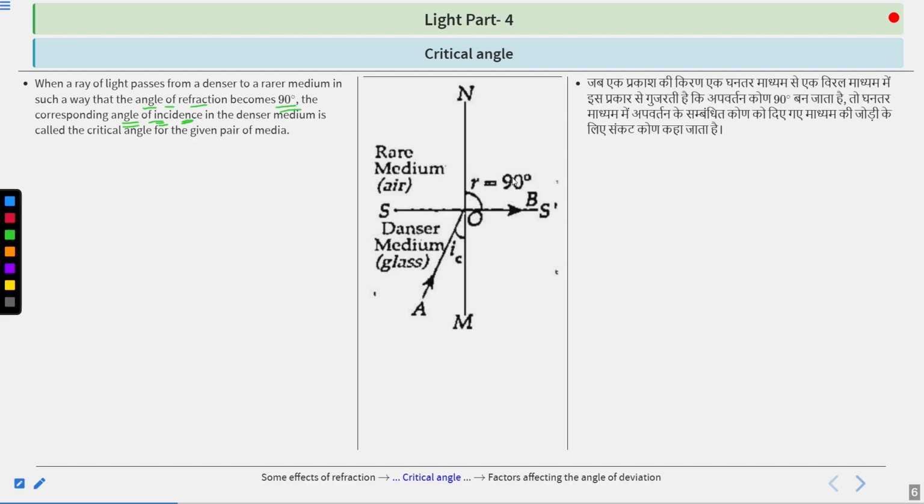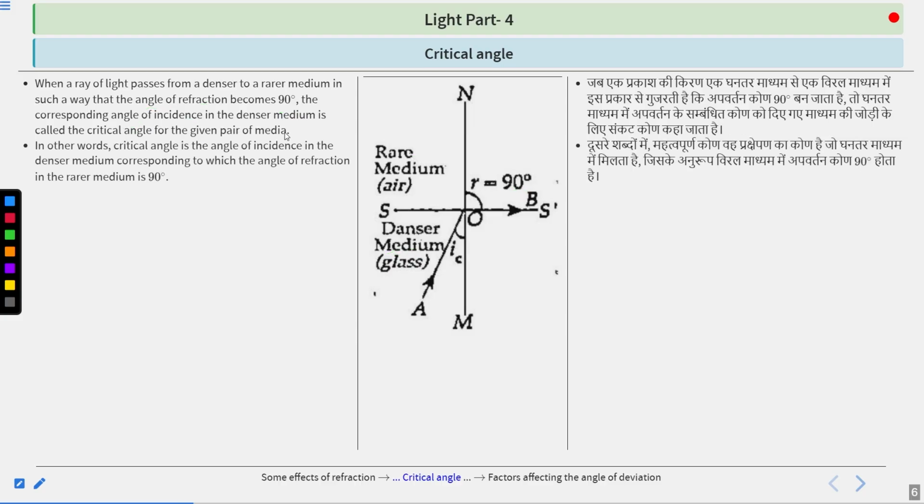We are saying that in respect to the angle i, the angle r is 90 degrees. When a ray of light passes from a denser to a rarer medium and the angle of incidence is this, but the angle of refraction is 90 degrees, then it is called the critical angle for the given pair of media. In other words, the critical angle is the angle of incidence in the denser medium corresponding to which the angle of refraction in the rarer medium is 90 degrees.